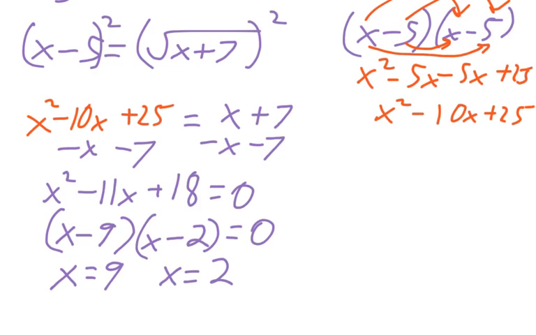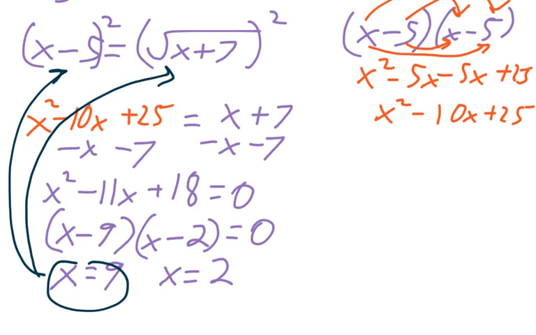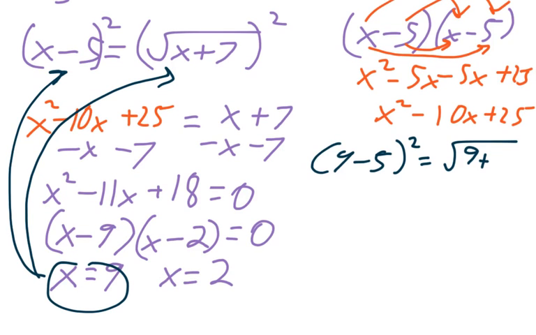Now when I check these, I'm going to put 9 back in for both of these x's. Alright, erase this.